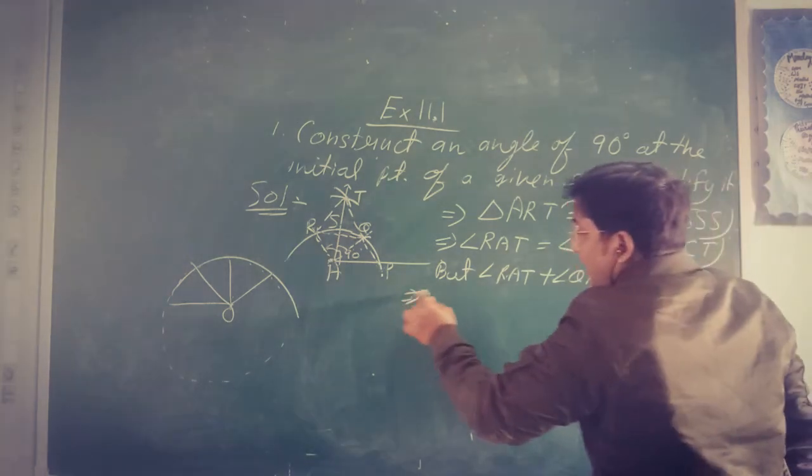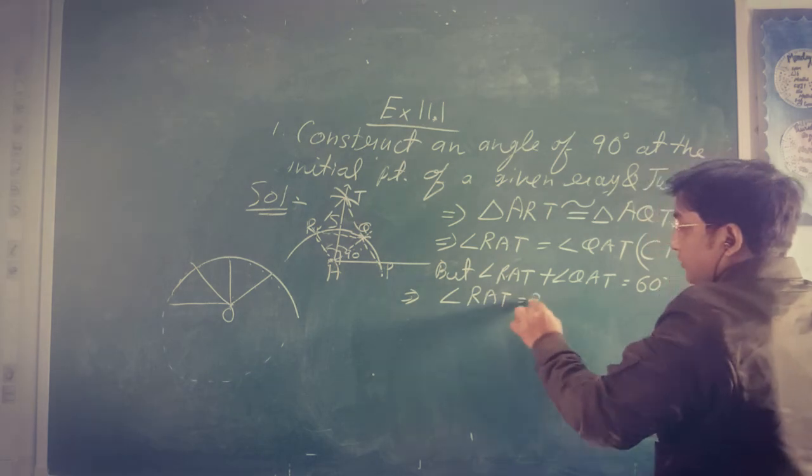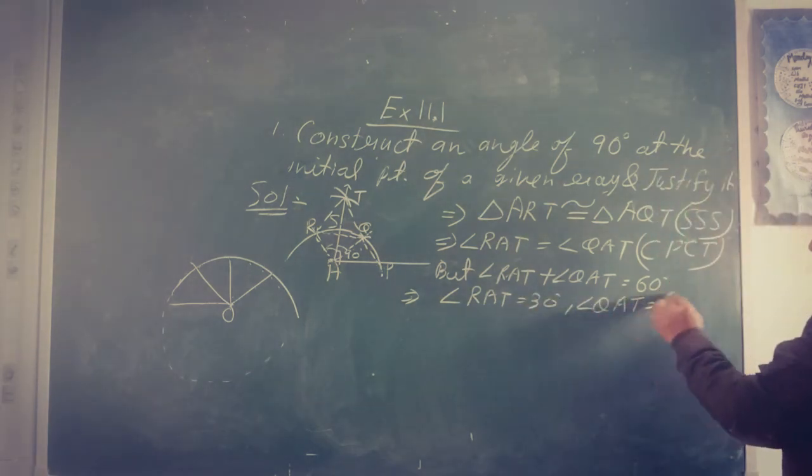So RAT is equal to 30 degree and QAT is equal to 30 degree.